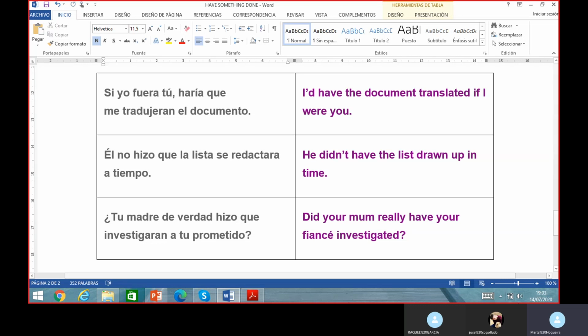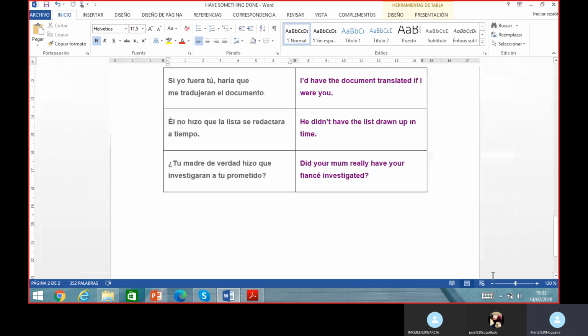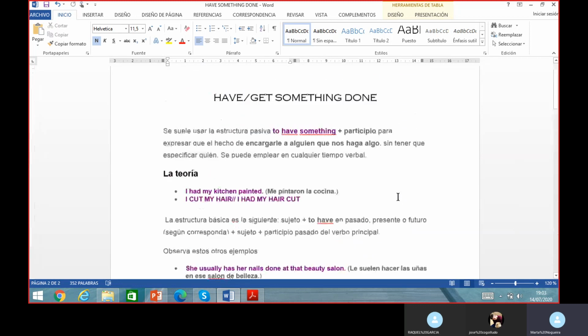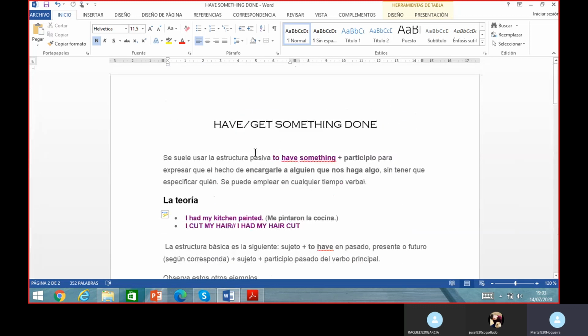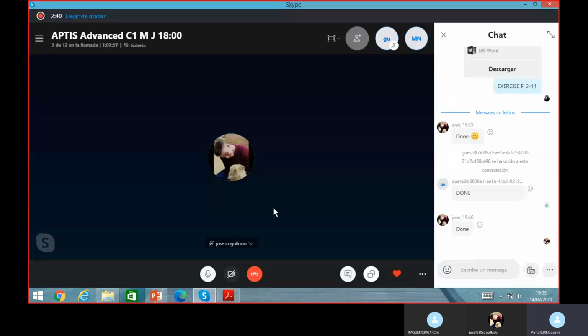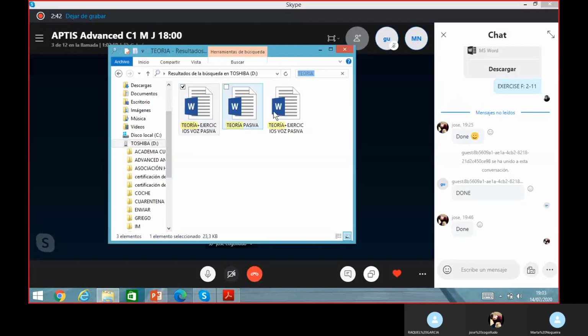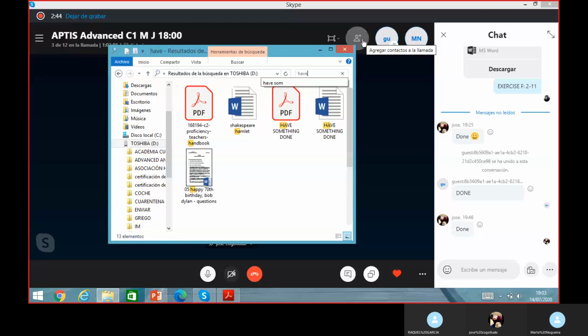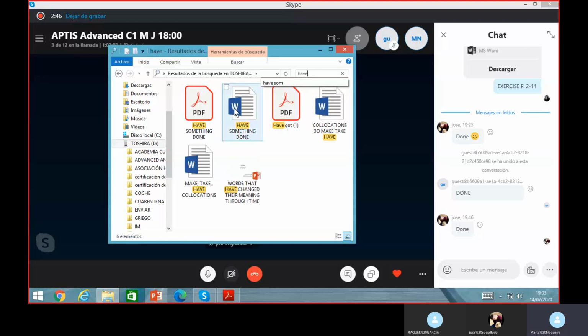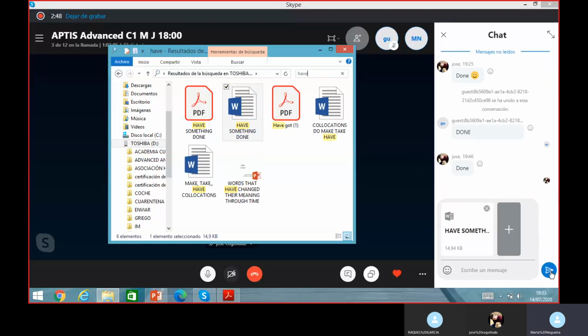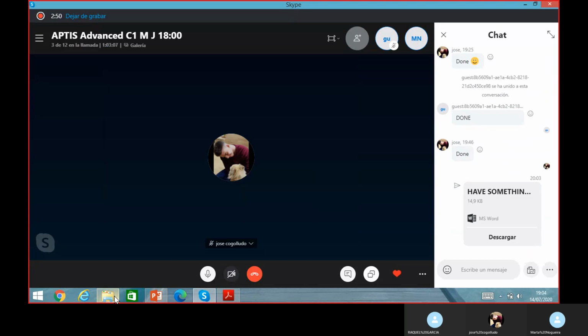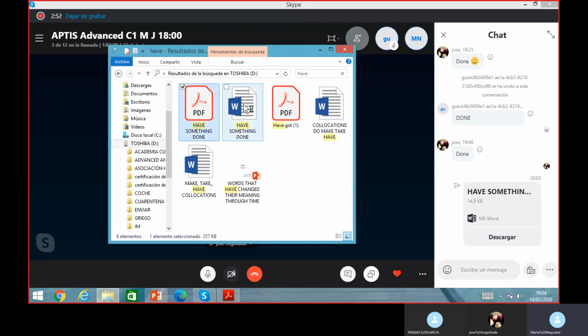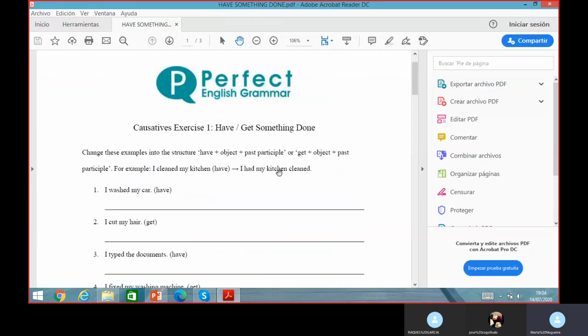That's it. So, this is used when somebody does something for us. So I'm going to pass this document. Have something done. I think this is it. And this is very, very important in English.